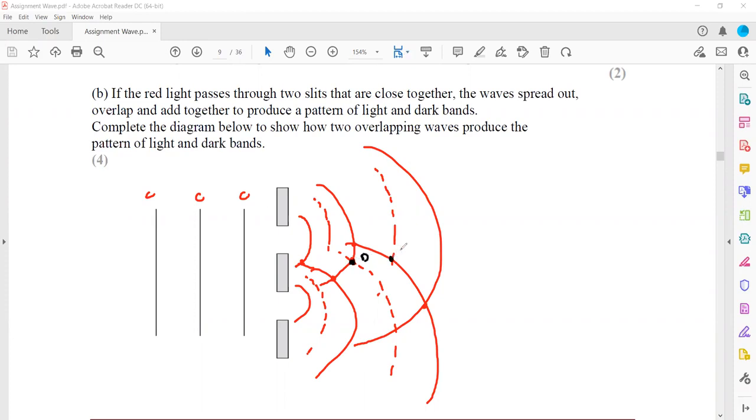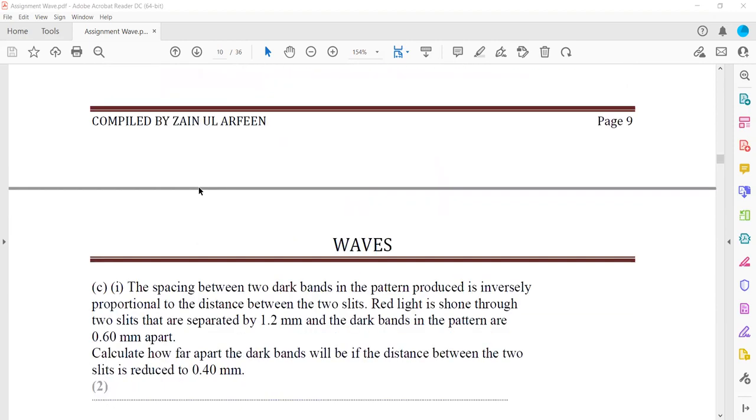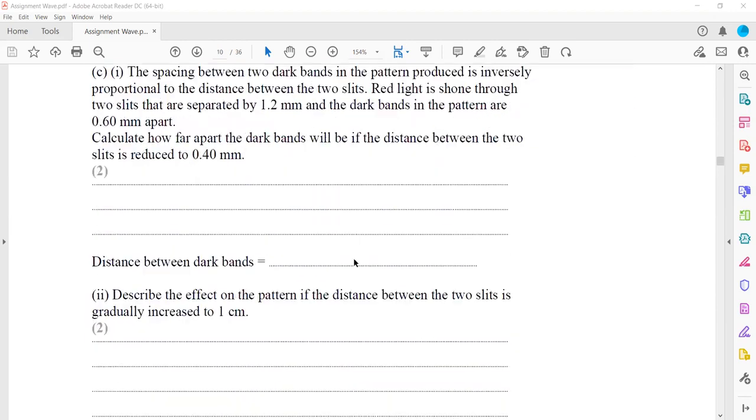Here also crest joined with trough, destructive interference. So in some regions where crest joined with crest, there will be constructive interference, and in some regions where crest joined with a trough, there will be destructive interference. As a result of diffraction, the two waves combine with each other.